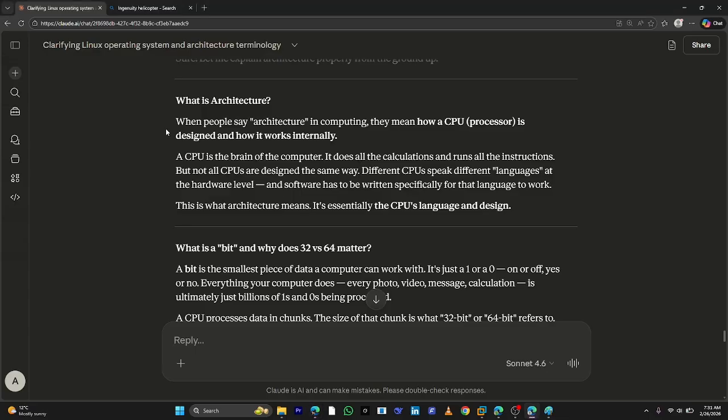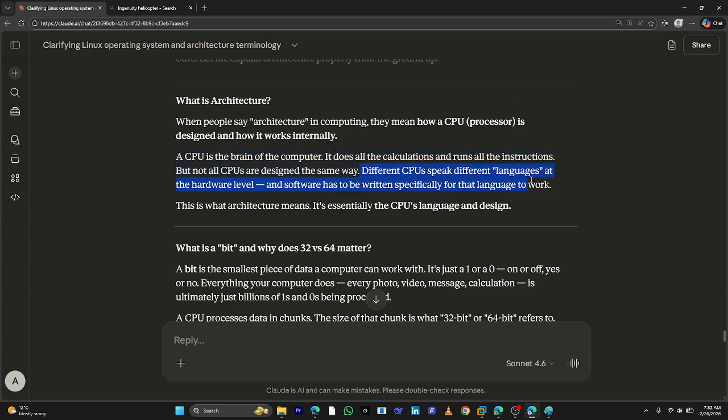So when people say architecture in computing, they just mean how the CPU or processor is designed and how it works. Just giving some basic detail: the CPU is a kind of brain and it does calculations and instructions, but not all CPUs are designed the same way. Different CPUs speak different languages at the hardware level.